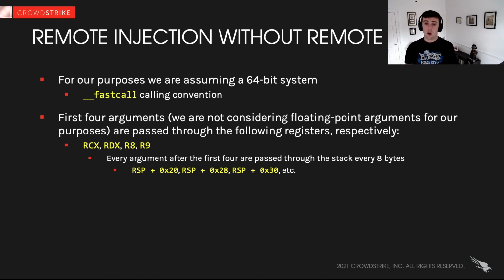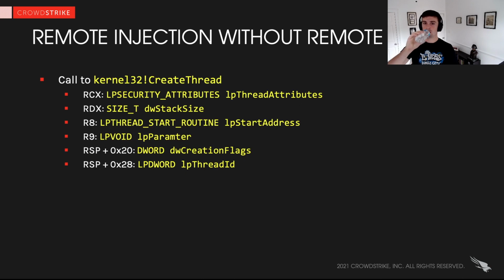But we start at an offset of 20 on the stack, and then every 8 bytes afterwards. So, knowing the calling convention, here is how we would need to set up our call to CreateThread. These are the various parameters that it expects, and these are the registers we use to pass the arguments.